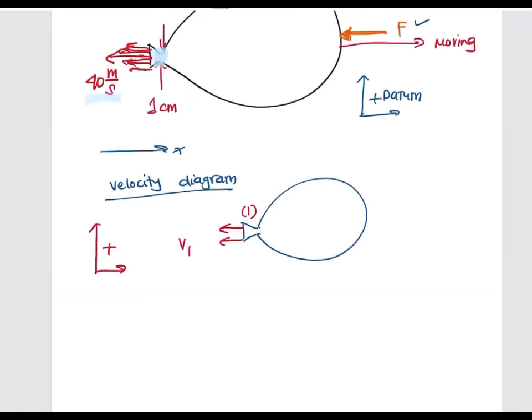So this is going to give us V1x is going to be negative V1. Does this make sense? Because again, you're acting against the datum here. So you have to make sure that you're considering that negative direction. And V1y is going to be 0. We do not have a y component.